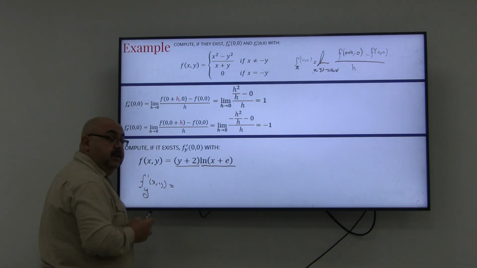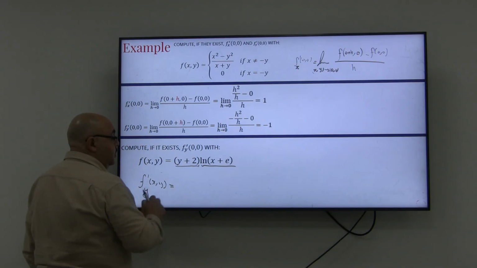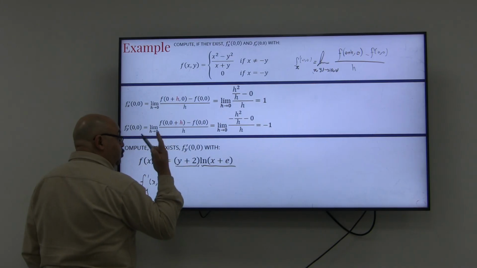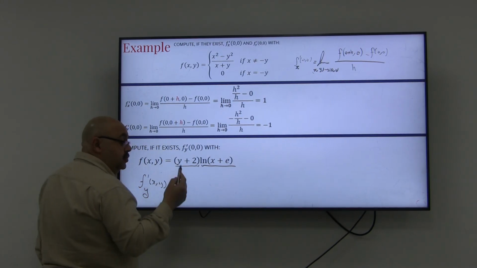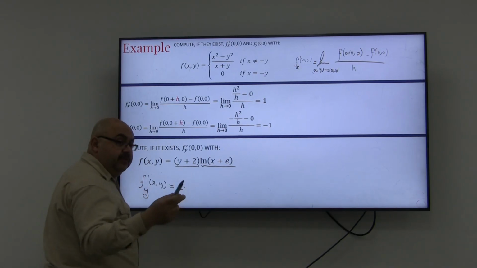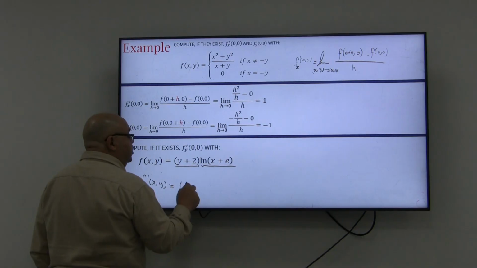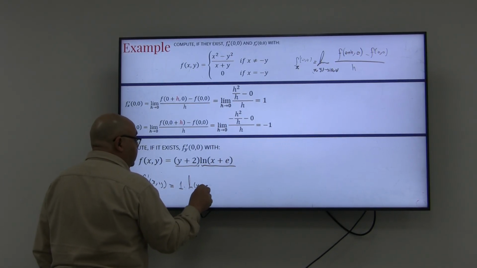Am I right? Yes. The first part contains y. Differentiating y is going to equal 1. So it's going to be 1 times, because the derivative of 2 with respect to y is going to equal 0, times the second part, which is a constant. So it's going to be ln of x plus e.